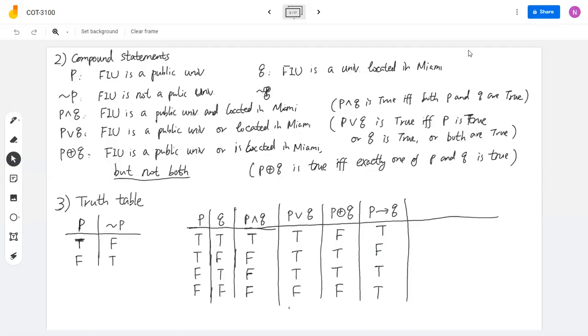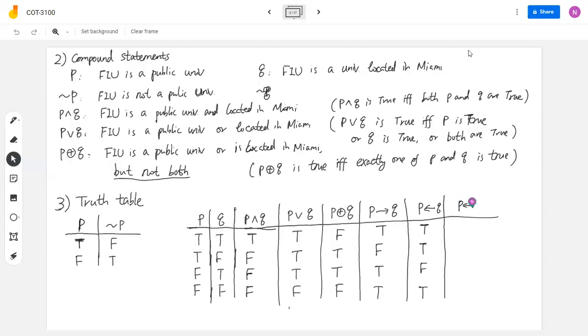And similarly, Q implies P. Sorry, this is true, and this is true by default, and this is false because Q is true, but P is false. Okay, the last one is P implies Q and Q implies P.